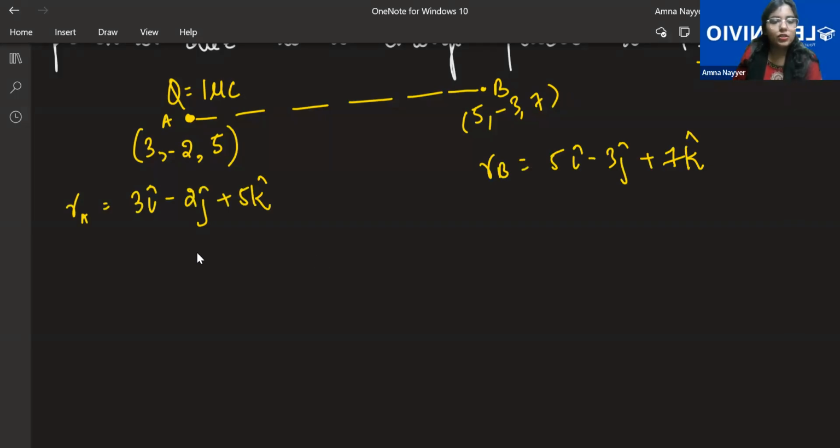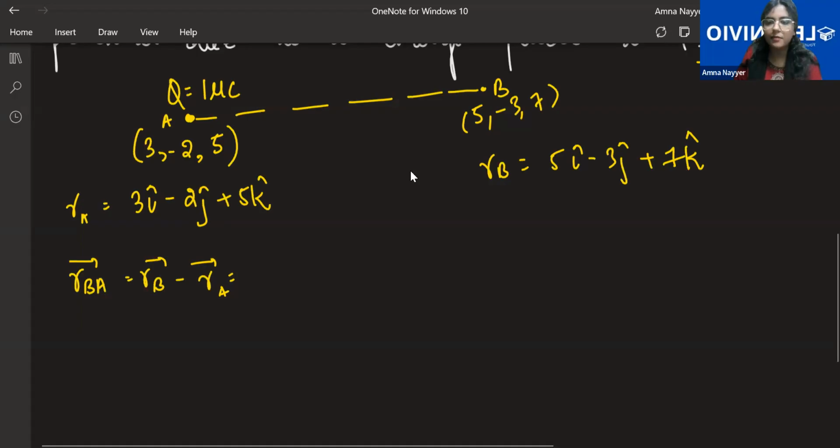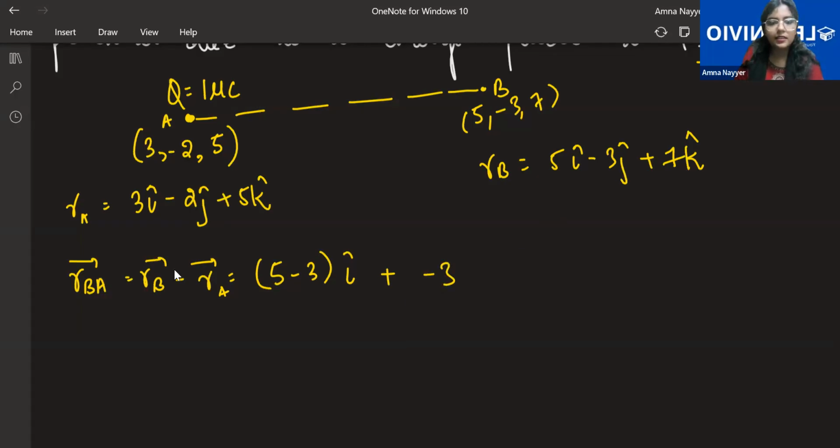So see, when we have to calculate the position, how do you calculate? You subtract both of these, final minus initial, R_BA, that is R_B vector minus R_A. So R_B is 5i cap, here you have 3i cap. So that will become 5 minus 3 i cap plus, this is minus 3, minus of minus 2, j cap, right? -3 minus -2.